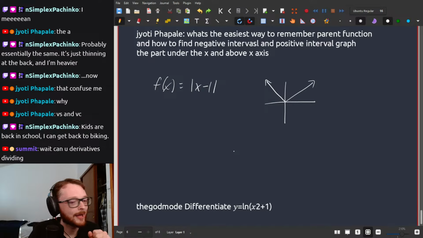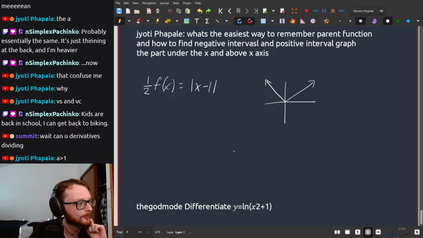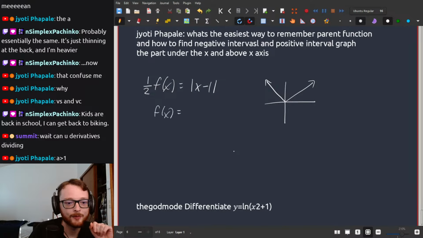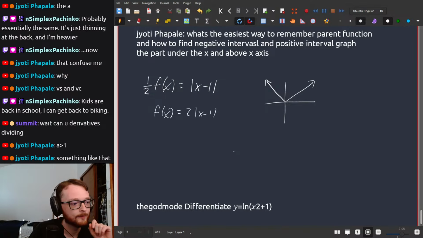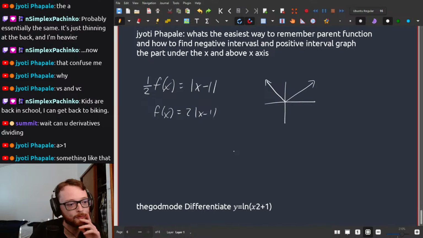So I put a 2 here, but instead I think it's a little bit easier to think about personally if it's a 1/2 times all of our y values. And so we could multiply the 2 over and get the same thing that I just put in Desmos. But I kind of like to think of things that affect us vertically as applying to the f of x piece, and things that apply horizontally as on the x piece.